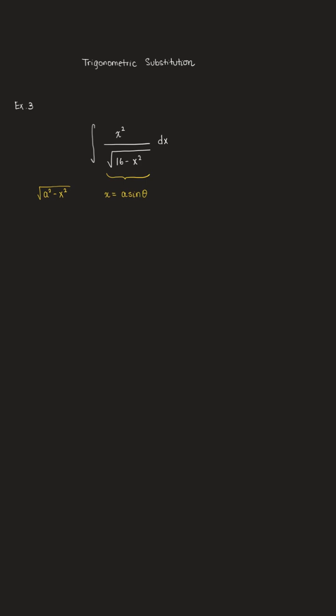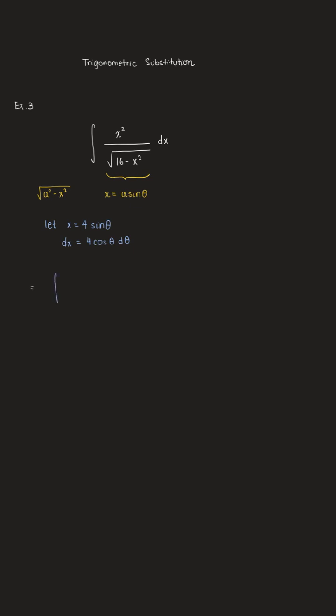So let's do our substitution, and we'll let x be 4 sine theta. We will also need to replace the differential dx, so dx is 4 cosine theta d theta. And now let's go ahead and write our integral in terms of theta.